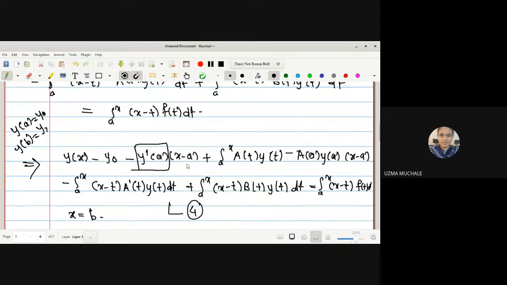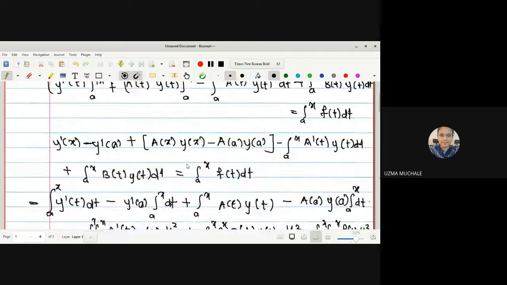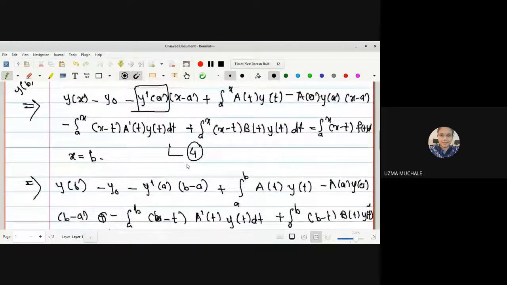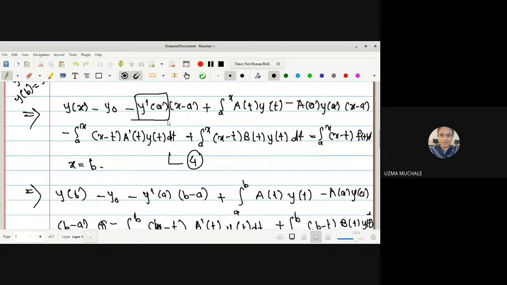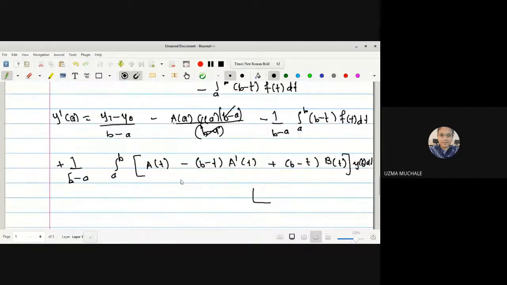Okay, this will be equation 1, 2, and this is 3. Let me rename this as equation 4 because this is the solution we have obtained. And why we have done this process for x equal to b: we can get the value of y dash of a. After getting the value of y dash of a, we can again resubstitute in equation 4. Okay, so let us name this as equation 5.